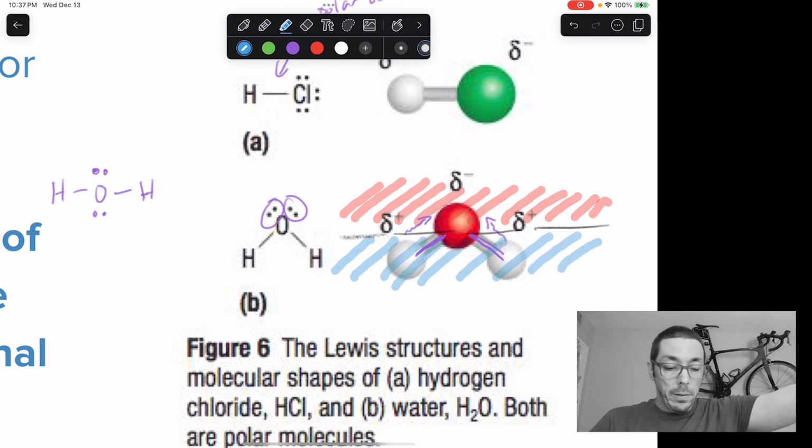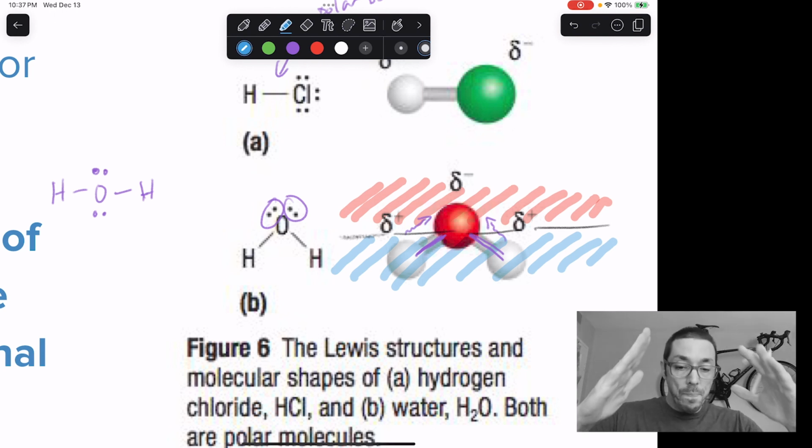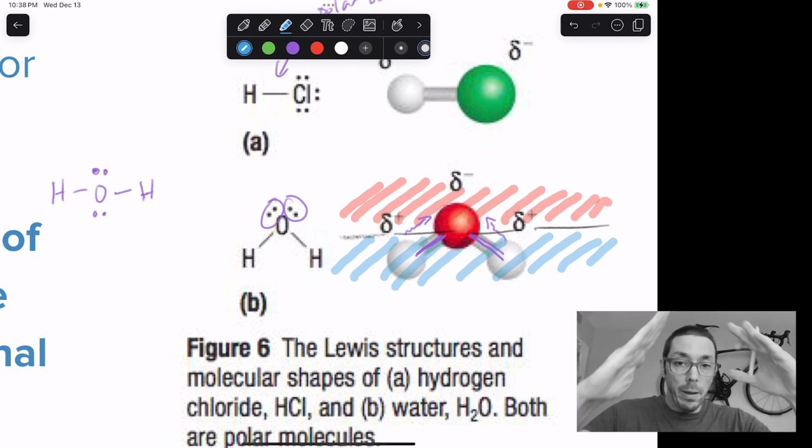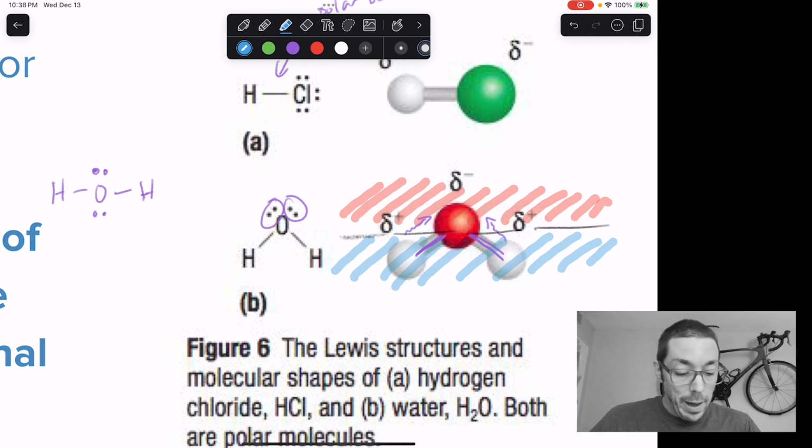So the side of the water molecule where oxygen is would be slightly negative, and the hydrogen side on the bottom would be slightly positive, because of the two bonds that are pulling electrons in the same direction, upward, so that they add together and make the molecule of water polar as well.